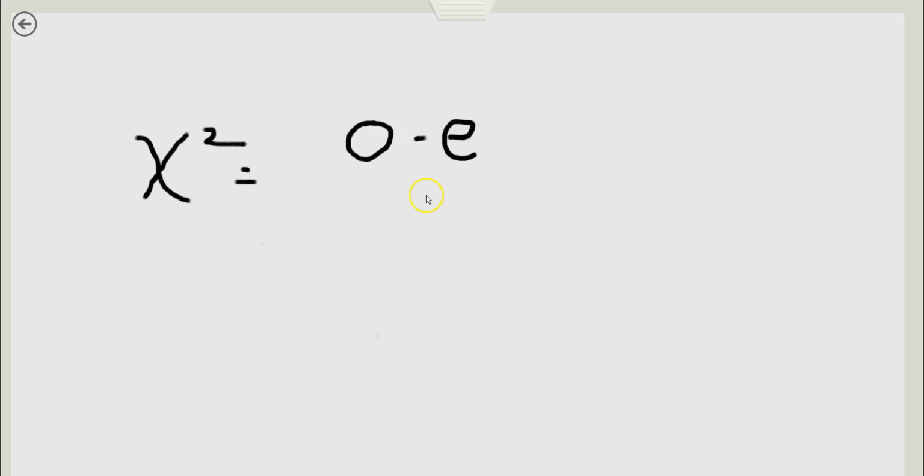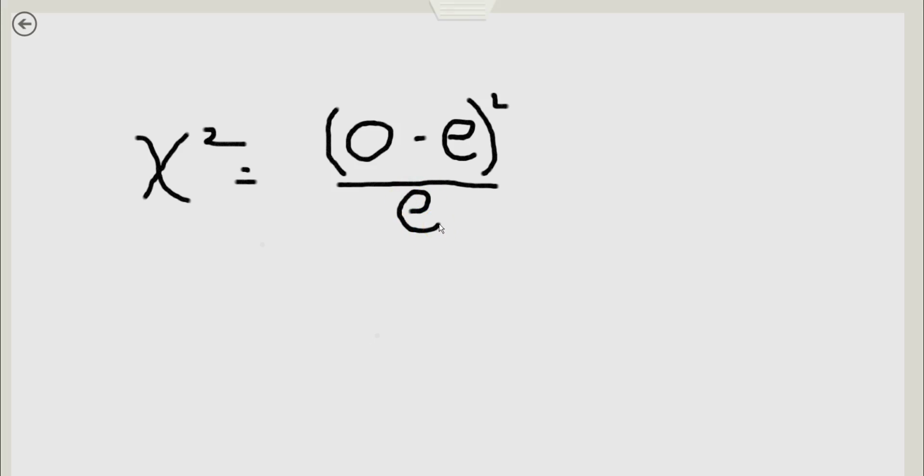This is like in a standard deviation, where we have an observation, an x, minus the mean of x. It's the same exact concept. And we square it. And then we divide by the expected value.